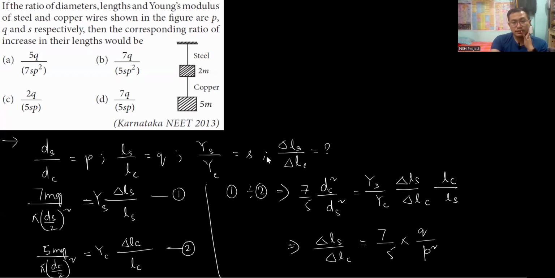But again, what about Y? Y_c by Y_s is 1 by s. It has to be s here. So 5sp square by 7q, that is option number c.